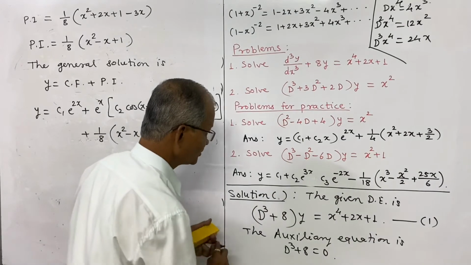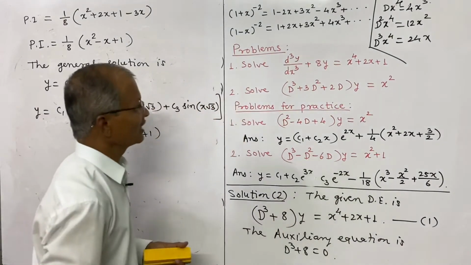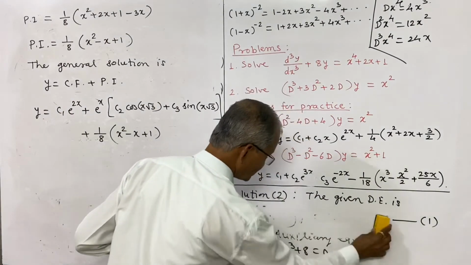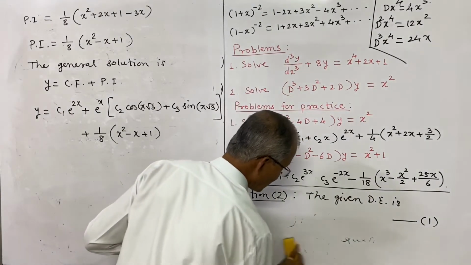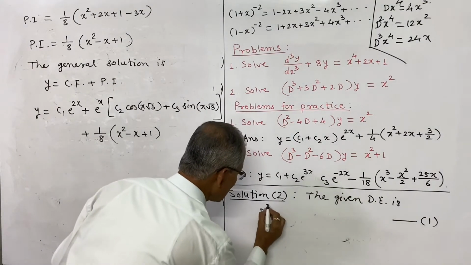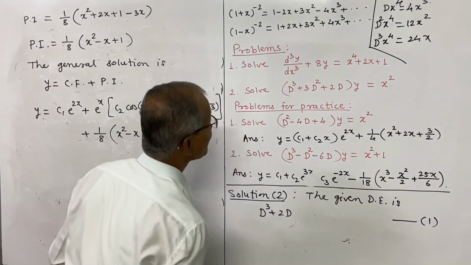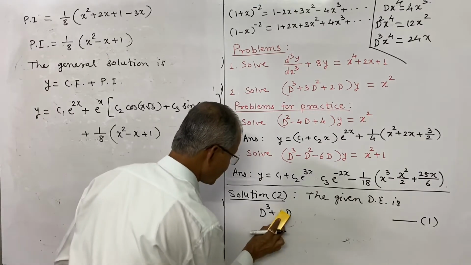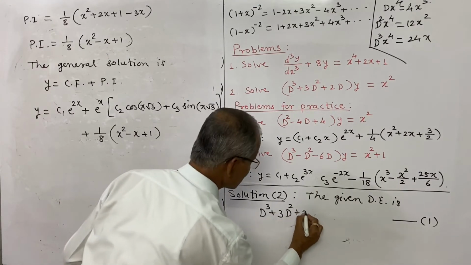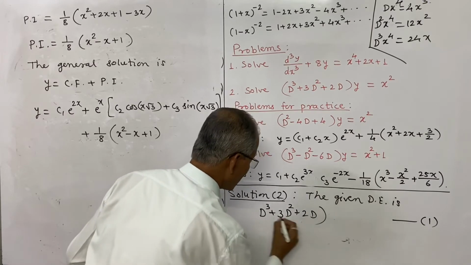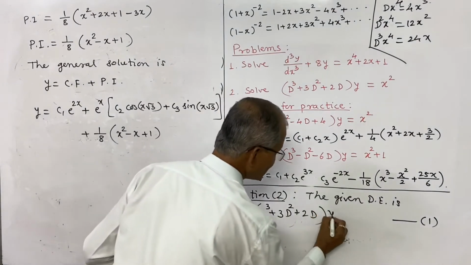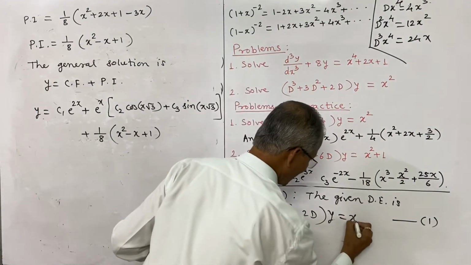The given differential equation is d cube plus 3d square plus 2d over y is equal to x square.